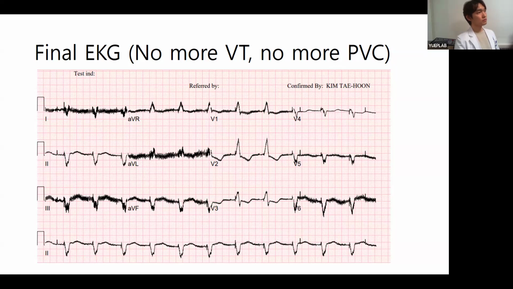It should have had an LVAD earlier. It's very, very expensive, and it requires open chest surgery. Yeah, right. But the definitive therapy should be heart transplantation.